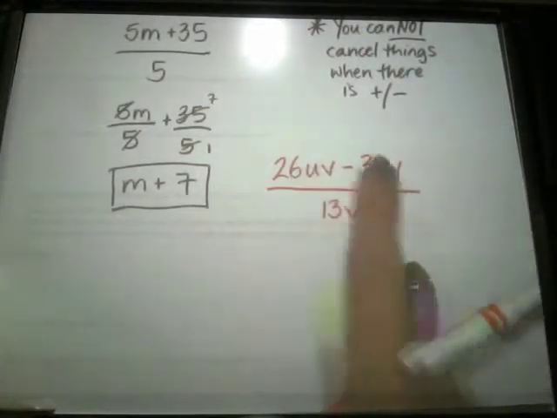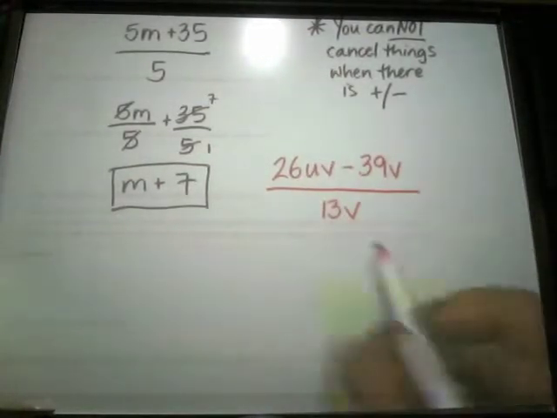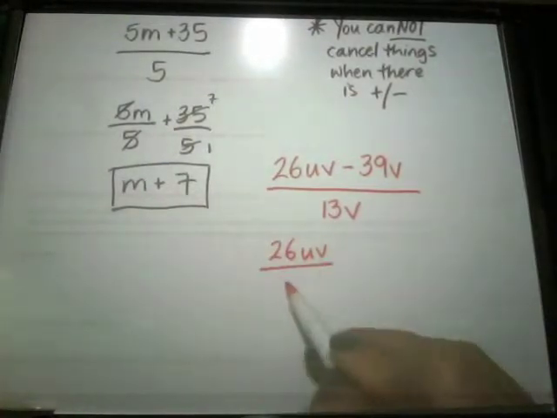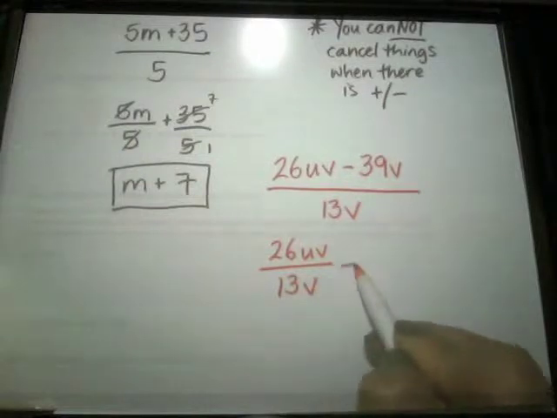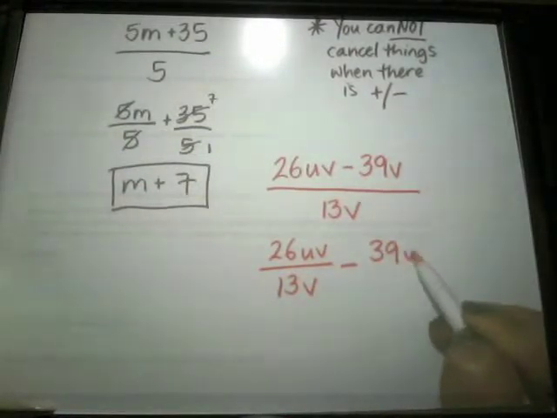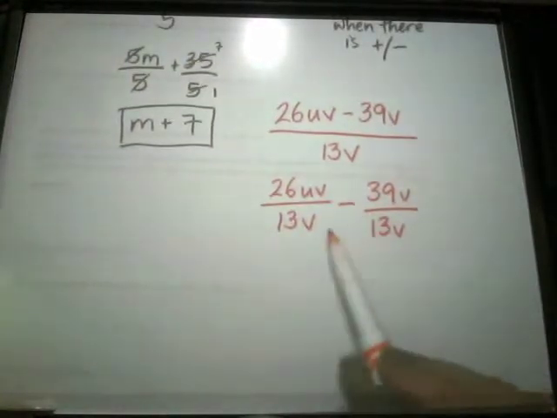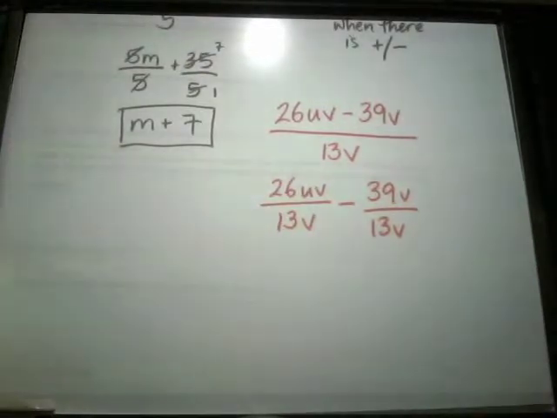Now the difference is, again, we've got a binomial. So to start, the way I want you to do the first couple problems is the way I'm showing them here, where we show that we are breaking it apart into the separate pieces of the numerator. Each term becomes its own fraction, and each term gets divided by that same denominator factor.